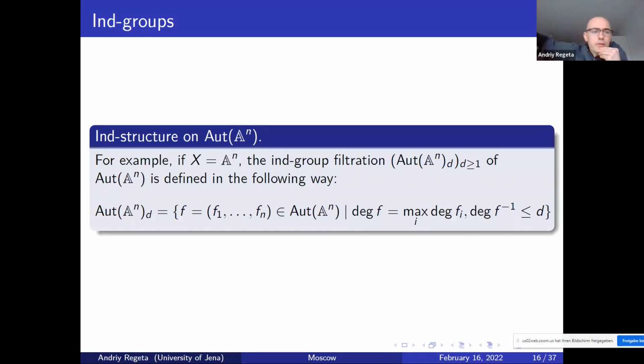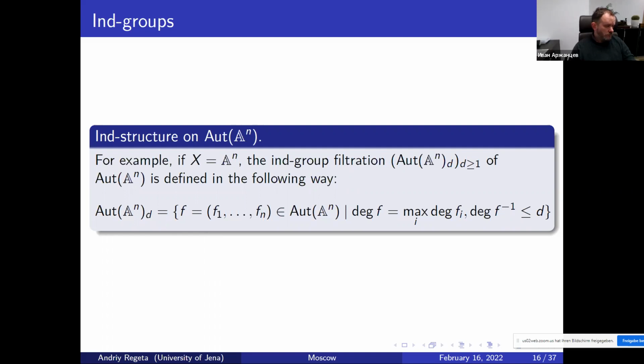But first, I have to tell you a little bit about ind-groups. Probably all of you know the definition of an ind-group, so I'll not do it. I'll just give you an example of the ind-group structure on Aut A^n, and a similar structure we have for any affine variety. If we define Aut(A^n, d) as the group of all automorphisms F of A^n such that the degree of F and the degree of the inverse of F are less or equal than d, then this Aut(A^n, d) is an affine variety.